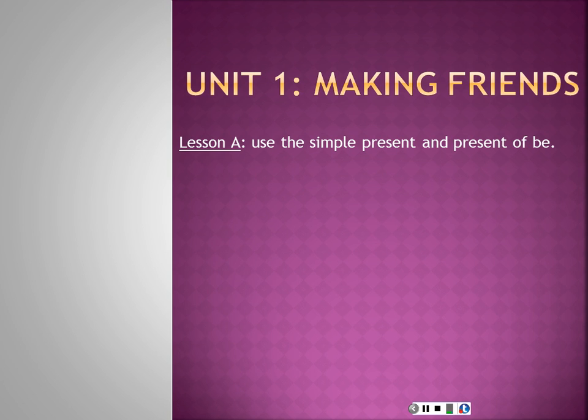We talked about the present simple or present of be. We talked about how to use all the verbs of be and what the uses of those verbs are. So this is lesson A. In lesson A we will also learn how to talk about yourself.